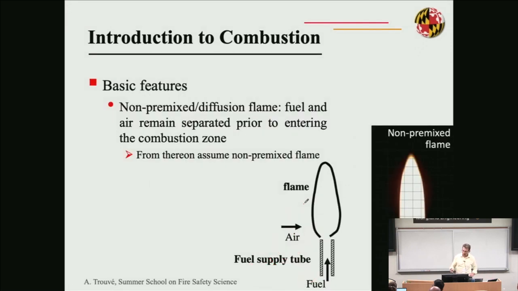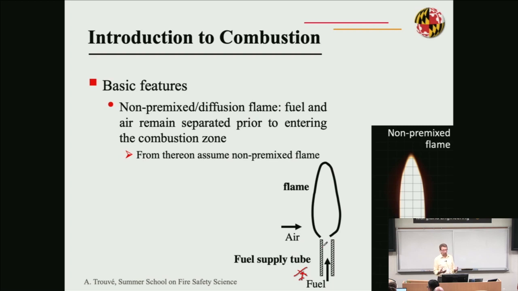Then you have the more classical viewpoint of a diffusion flame, where now the orifices at the base of the tubes are closed, so the tube only contains fuel. And the flame is going now to be at the interface of the incoming fuel from the tube and the surrounding air that is entrained into the flame zone due to buoyancy. And the flame basically is going to be at the interface of these two streams.